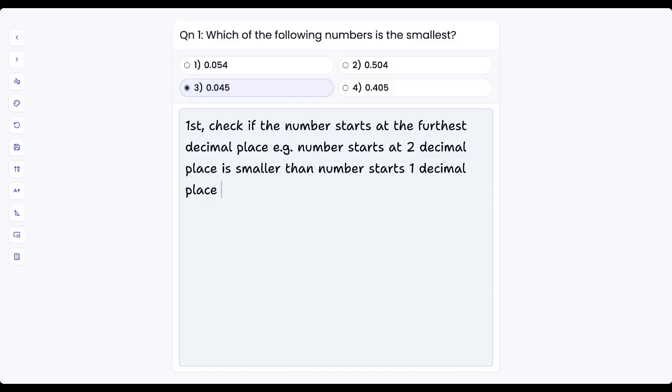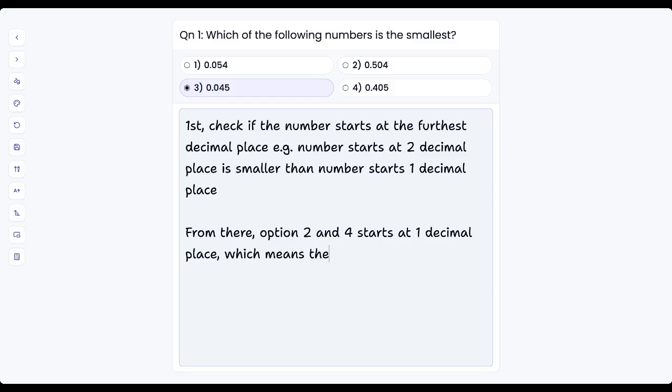Okay, then from there, option 2 and 4 start at 1 decimal place, which means they are not the smallest.